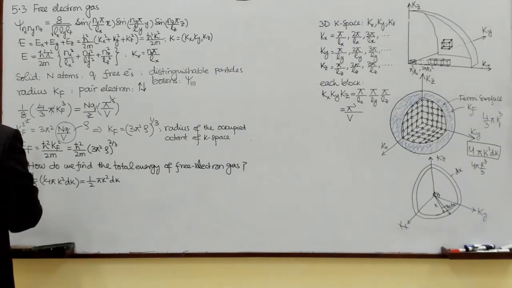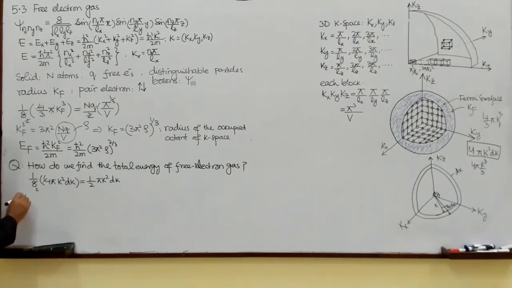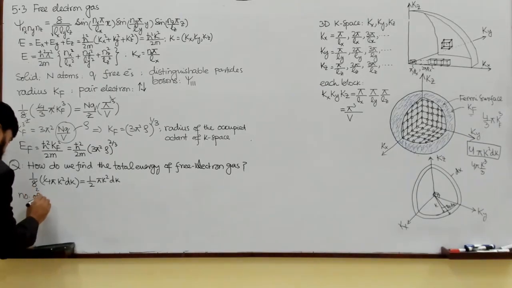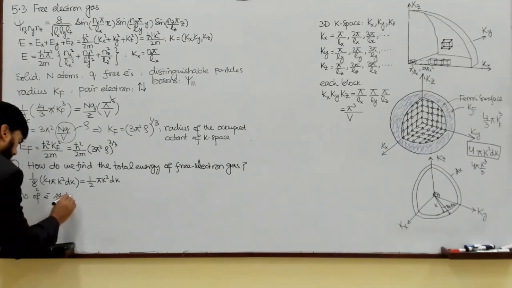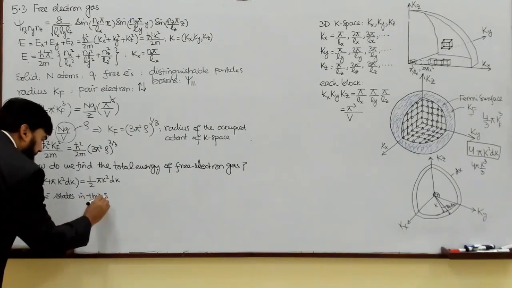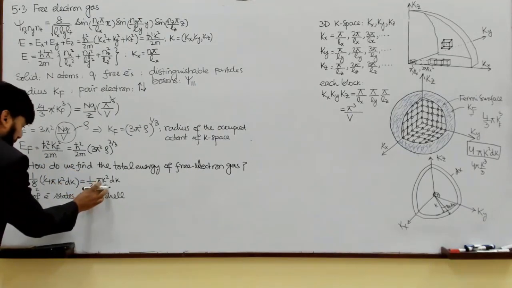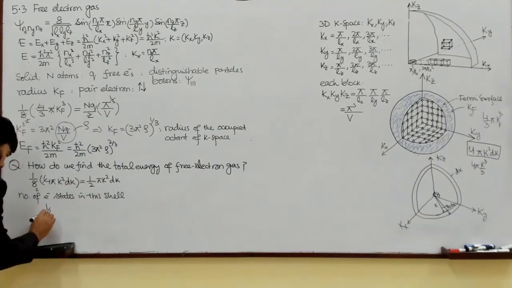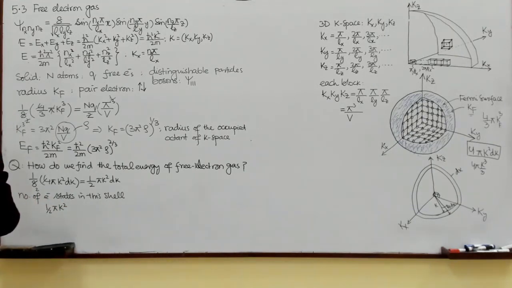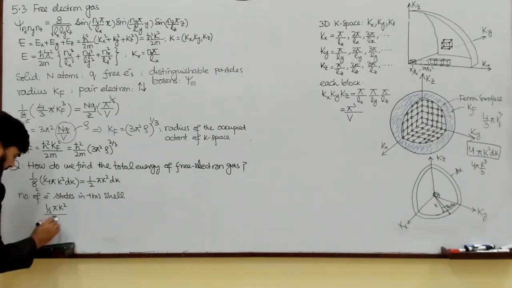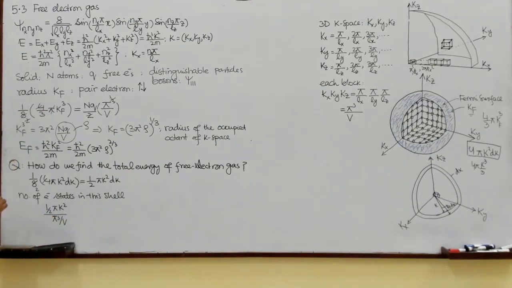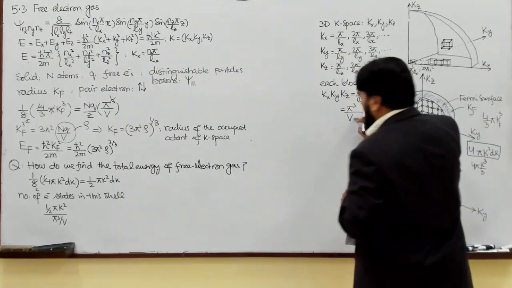Now the number of electron states in this shell, whose thickness I have considered to be dk, will be this volume, half pi k squared dk, divided by the total volume of the block, pi cubed over V. This is the volume of the block we have here.